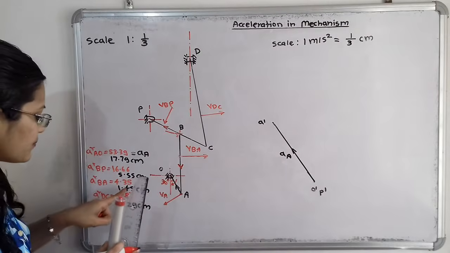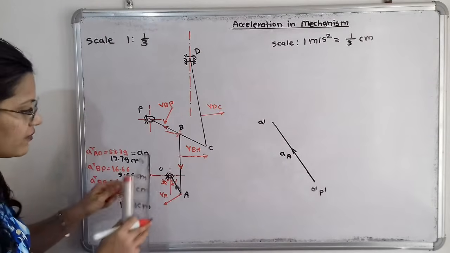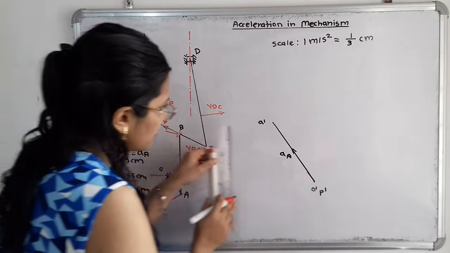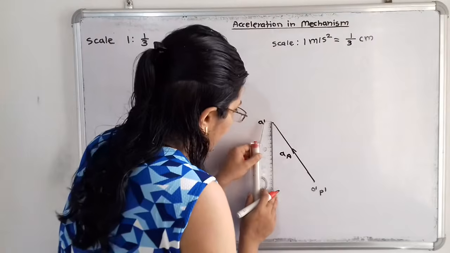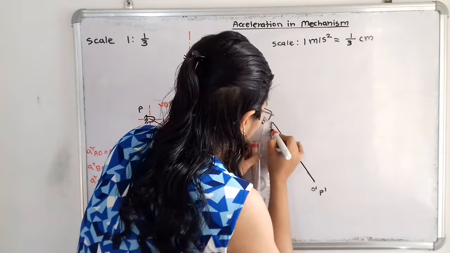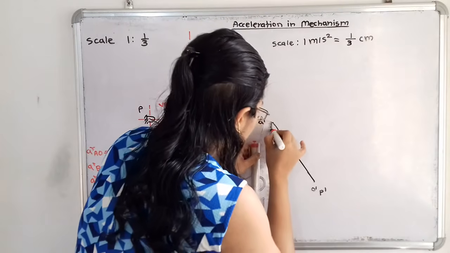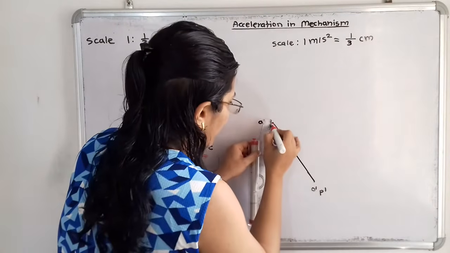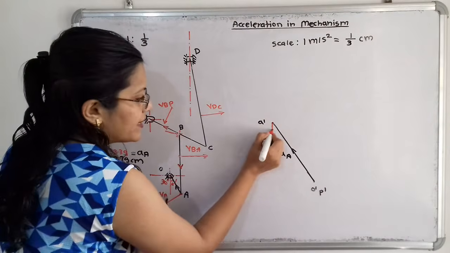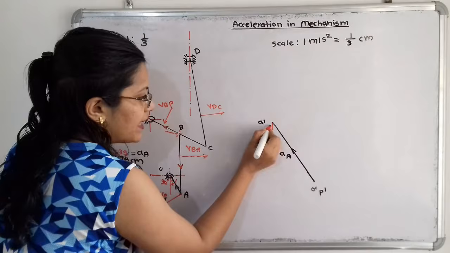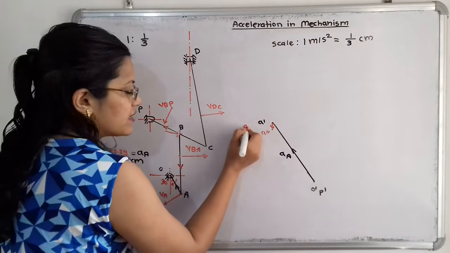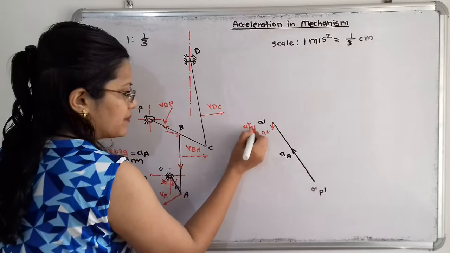With scale 1.45 centimeter, approximately 1.5 centimeter, I will draw the line passing through this point A dash. So here is the line, A dash to A double dash. I will show an arrow in the downward direction, and this vector indicates the radial component of AB.